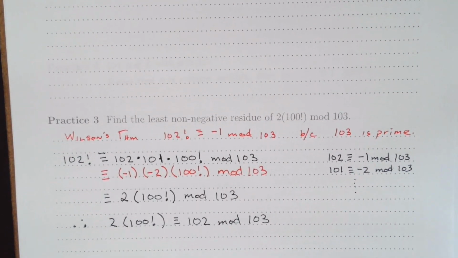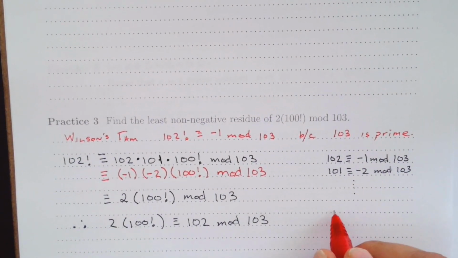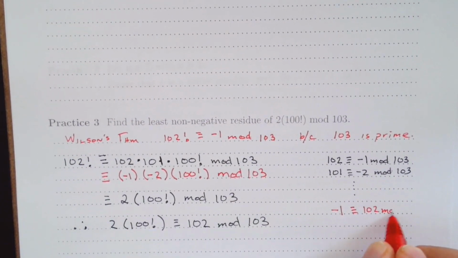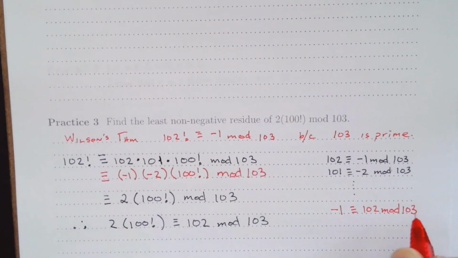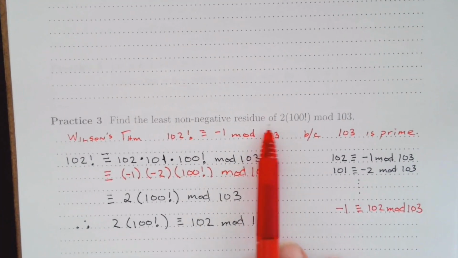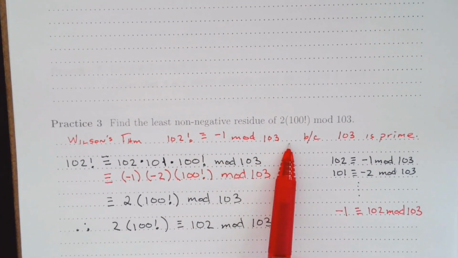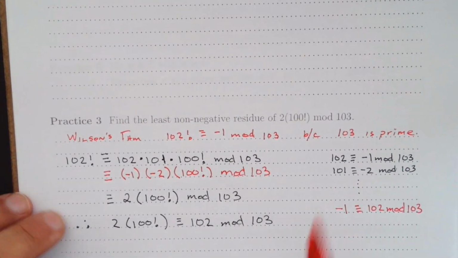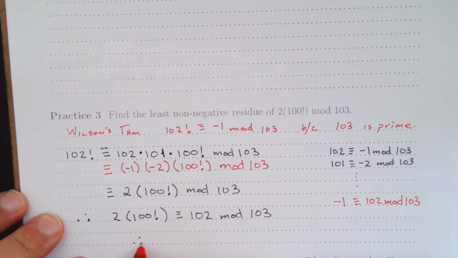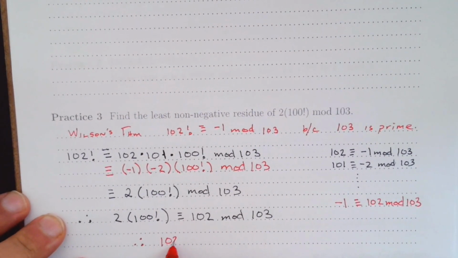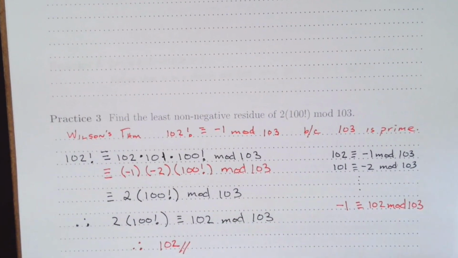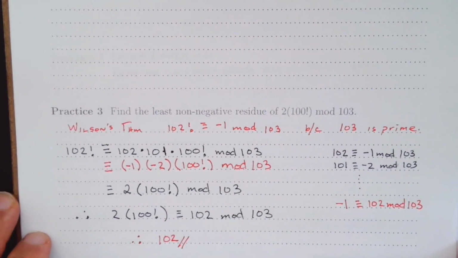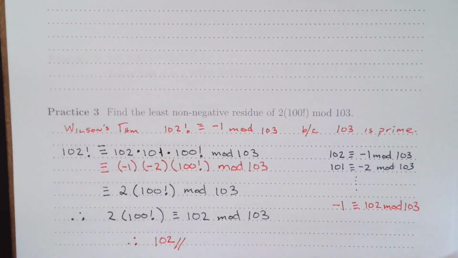Well, we know that negative 1 is equivalent to 102 mod 103, right? So being equivalent to negative 1 mod 103 is the same as being equivalent to 102 mod 103, right? Therefore, 102 is our solution.